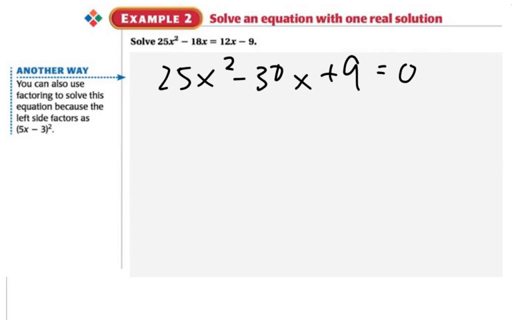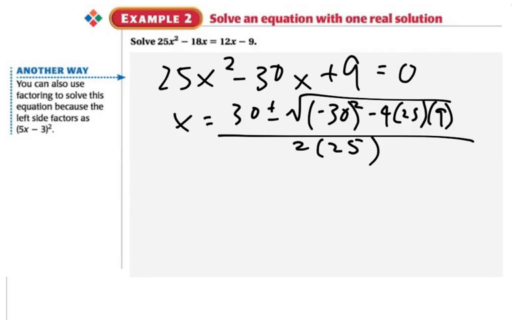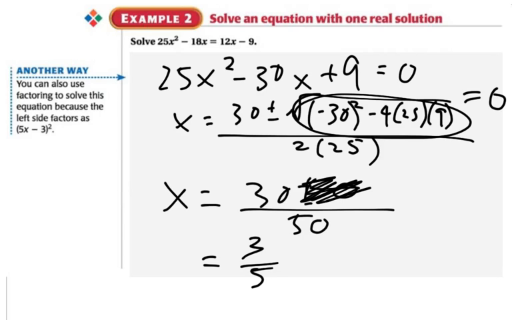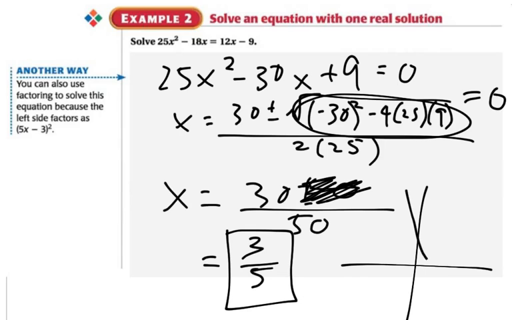Again, you're going to plug this whole thing into the quadratic formula, and when you multiply it out, it happens to equal 0, which means x equals 30 plus or minus 0 over 50. Since the plus or minus 0 doesn't matter, this is the same as 3 over 5. Which means instead of having 2 zeros, this only has 1, which means the graph looks something like this, where there's only 1 zero.